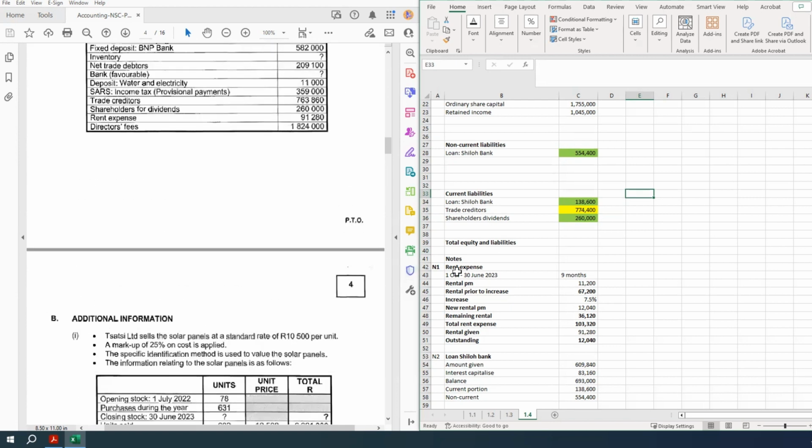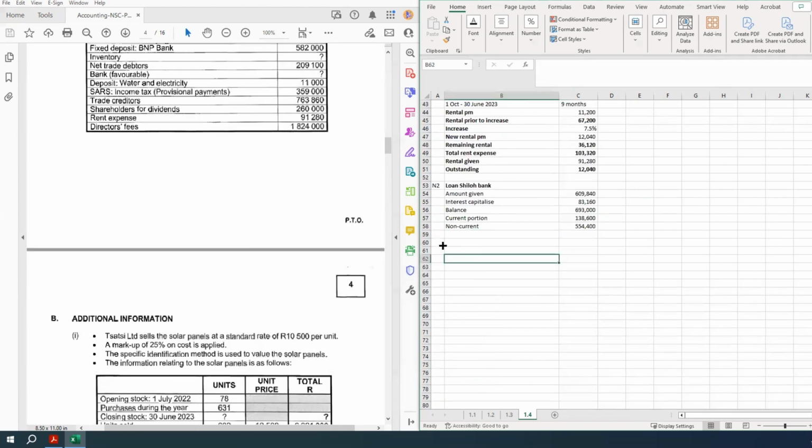So now let's work that out. Director's fees. I'll start with the amount that has been given, 1,824,000. So that's been given.